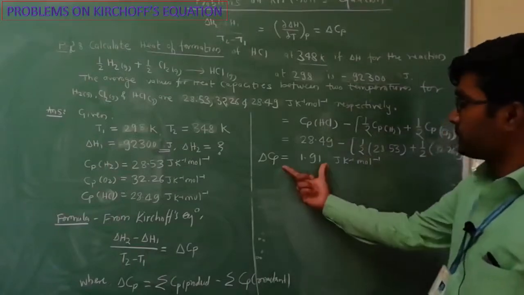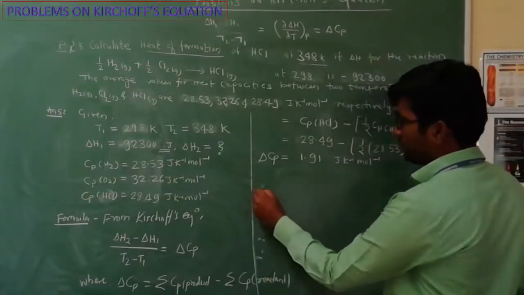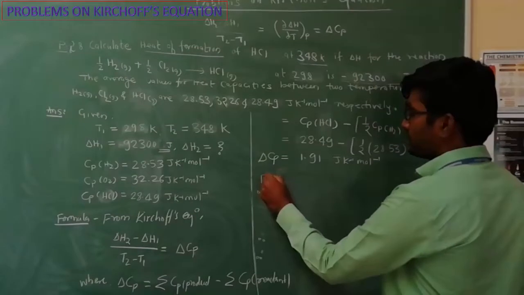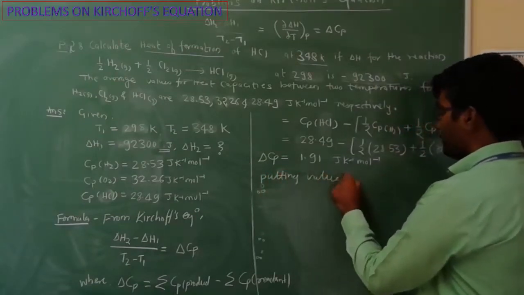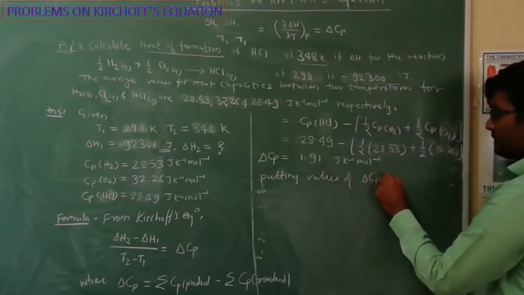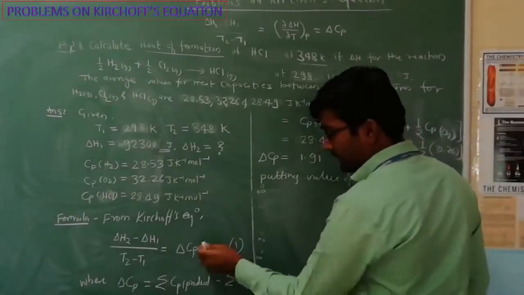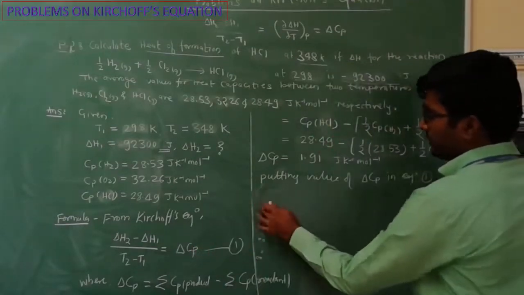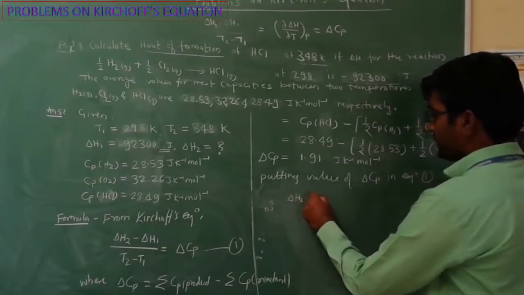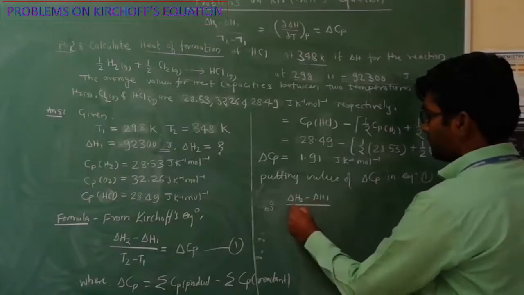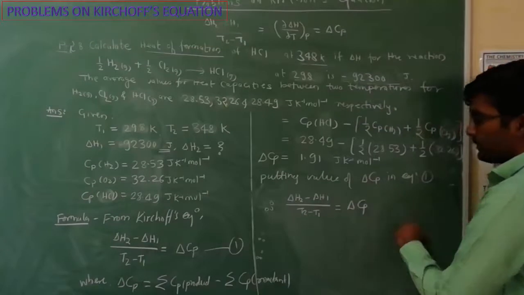Now, let us put this value in our formula. Putting the value of delta Cp in equation 1, you can give this number 1. Therefore, delta H2 minus delta H1 upon T2 minus T1 is equal to delta Cp.